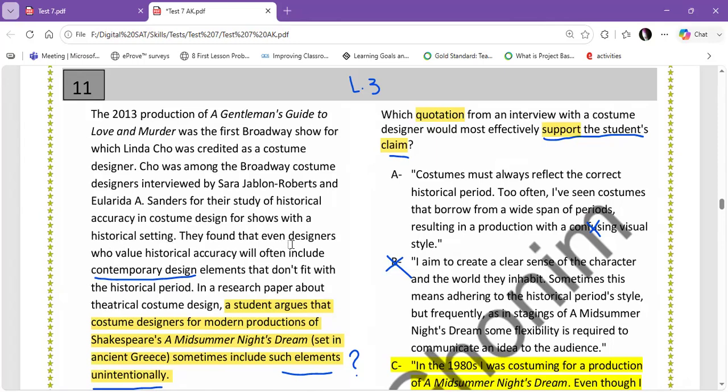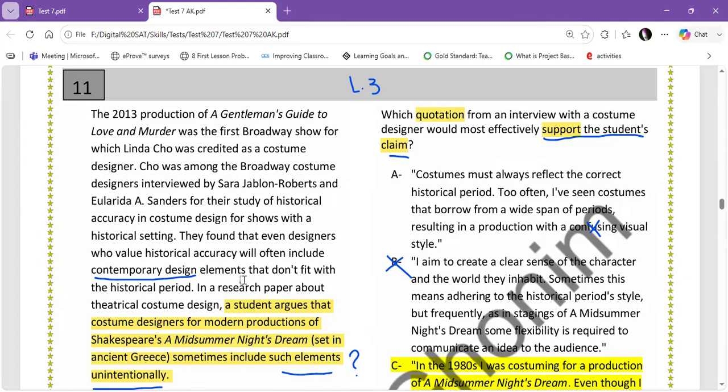They found that even designers who value historical accuracy, who want to be accurate when designing the costumes of people of the old era, will often include contemporary design elements that don't fit with the historical period.